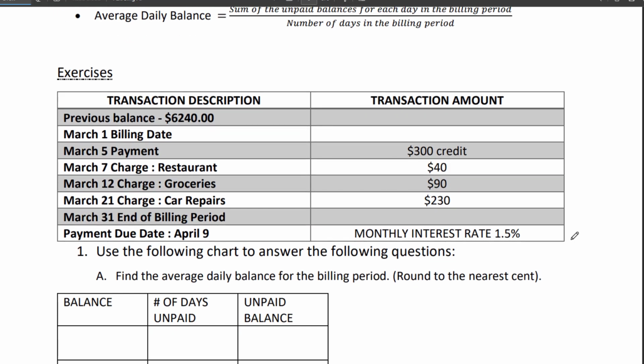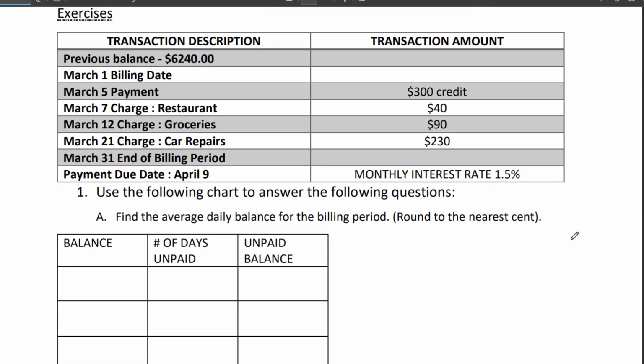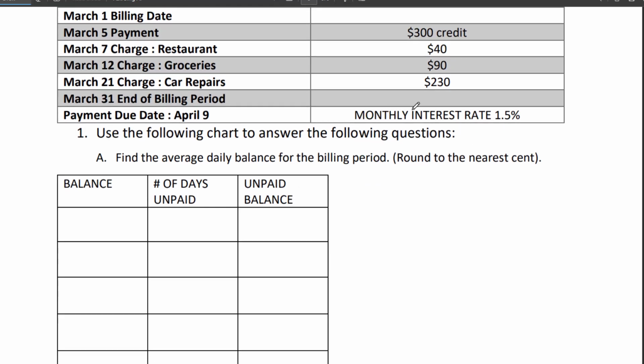So what we are going to be doing is, we have a list of all of our transactions from our credit card. We have our previous balance, so what we're starting with on day one, and then any payments that we made, and then any charges that we have on our credit card. It tells us that our monthly interest rate is 1.5%.